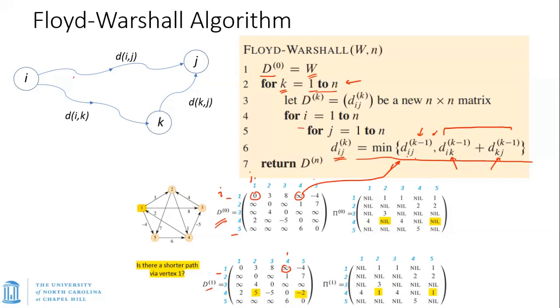So if we add the path through k, can we find a shorter path? If that is true, then we update the matrix. This is exactly what we did in the last lecture, and at the end you return the final value of d.